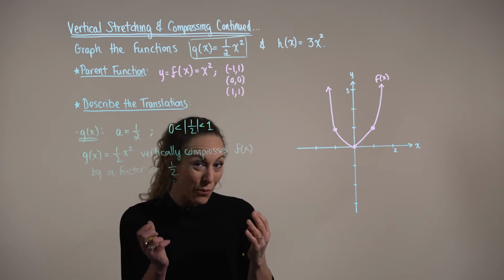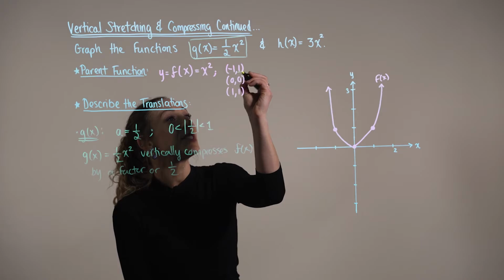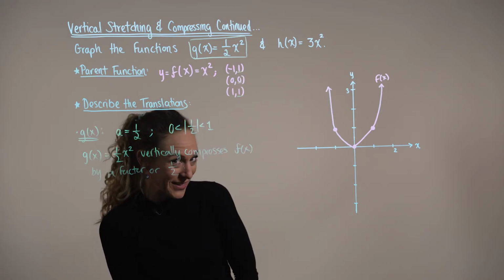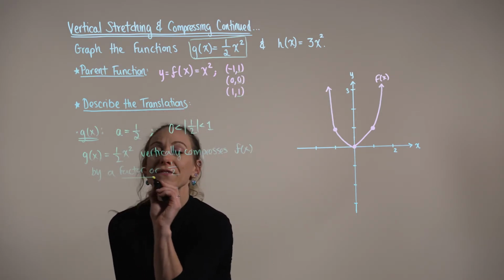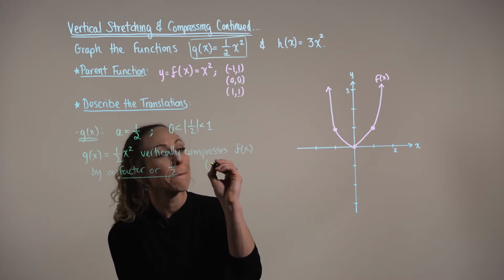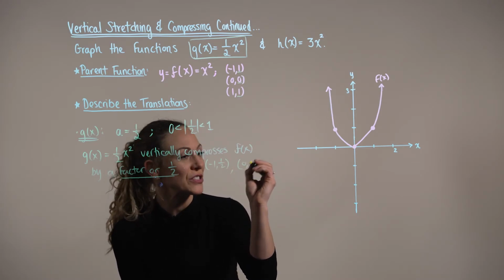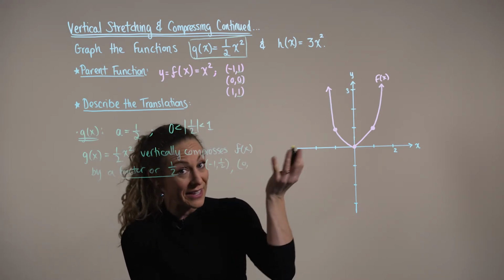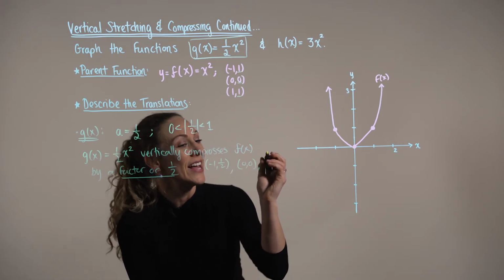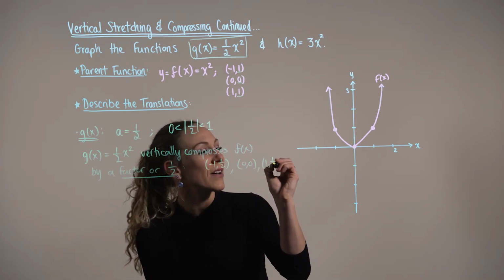Now, to obtain the y coordinates for our function g of x, we simply need to take the parent function's y coordinates and multiply them by this factor of 1/2, producing these solution points: -1, +1/2, the origin will stay the same since 0 times anything is 0, and the third ordered pair, +1, +1/2.